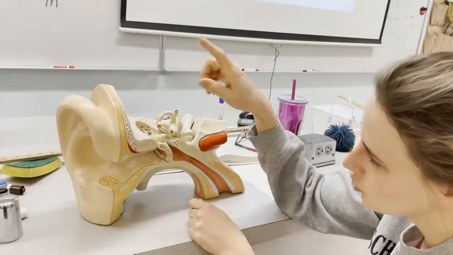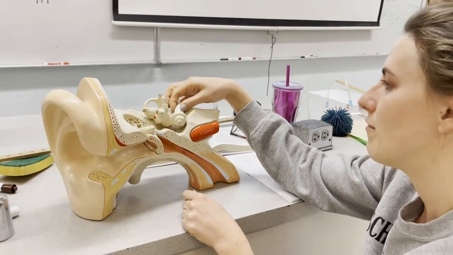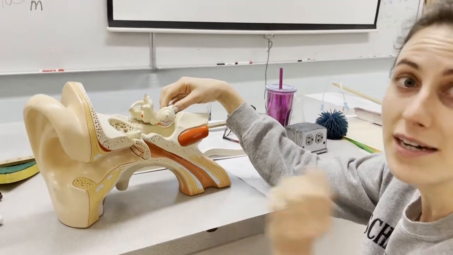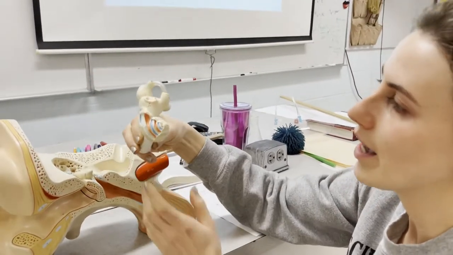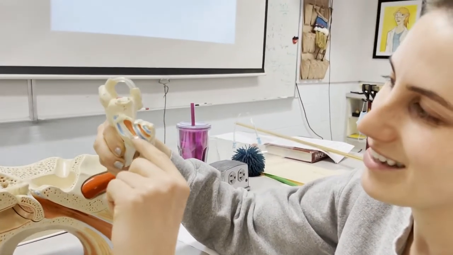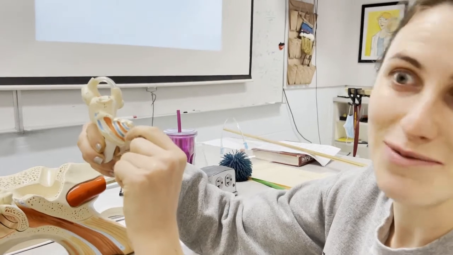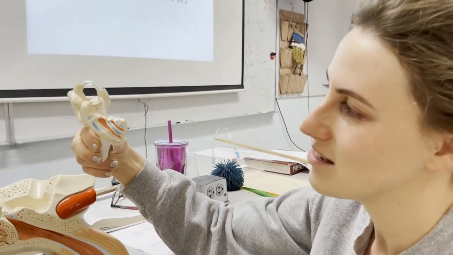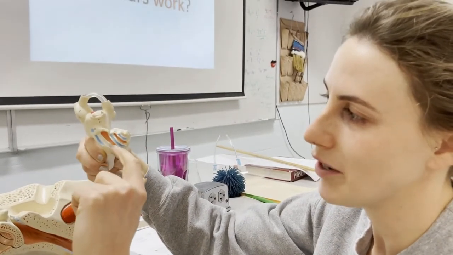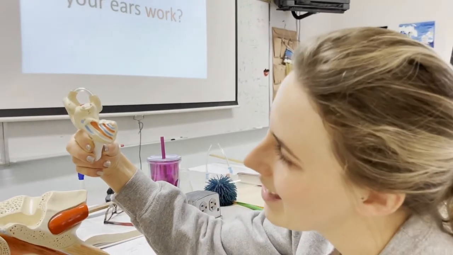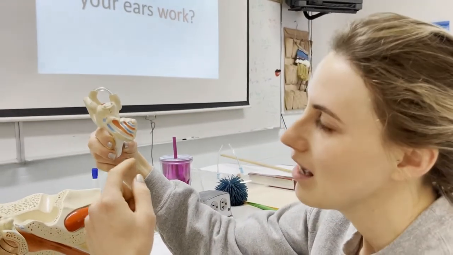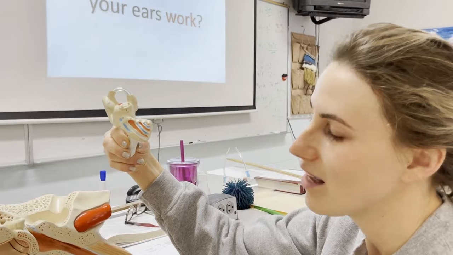Those bones transfer the vibrations, very sensitive to all frequencies, to our cochlea. This is that snail shell thing, and it also has to do with balance. The cochlea is lined with little microvilli, which are like little hairs. Just like hairs on your arm, when the wind blows, you can feel it.